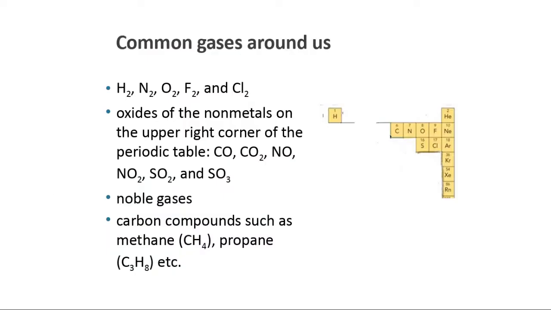Of course, first of all, we want to look at these slides, which describe some common gases around us. For example, hydrogen gas, nitrogen gas, oxygen, fluorine, and chlorine. Also, the oxides of the non-metals on the upper right corner of the periodic table, like carbon monoxide, carbon dioxide, nitrogen monoxide, nitrogen dioxide, sulfur dioxide, and sulfur trioxide.